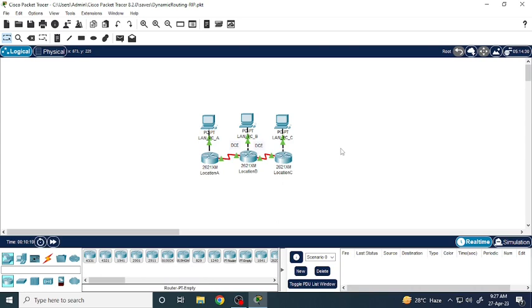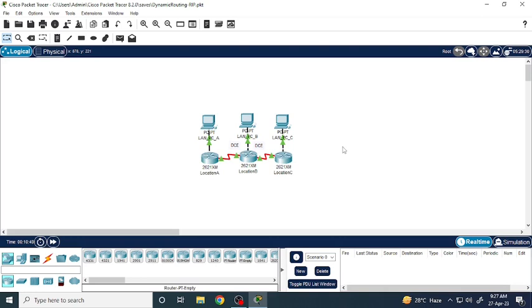So whenever we are dealing with an internet environment or WAN environment, dynamic routing helps. If we are to talk about dynamic routing, let's consider the network diagram that we used previously.